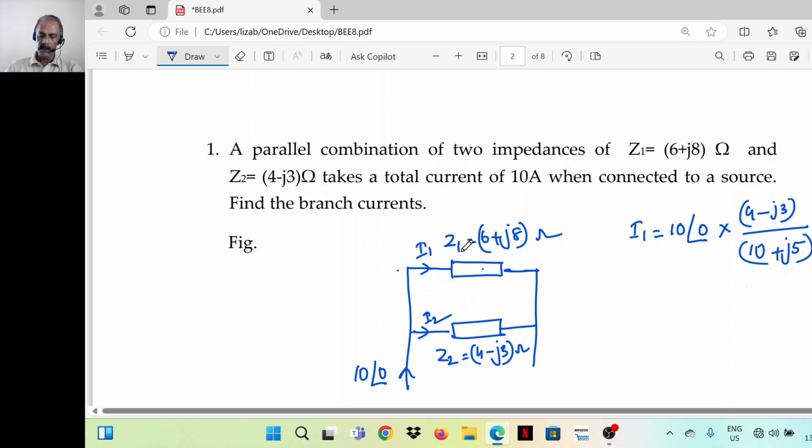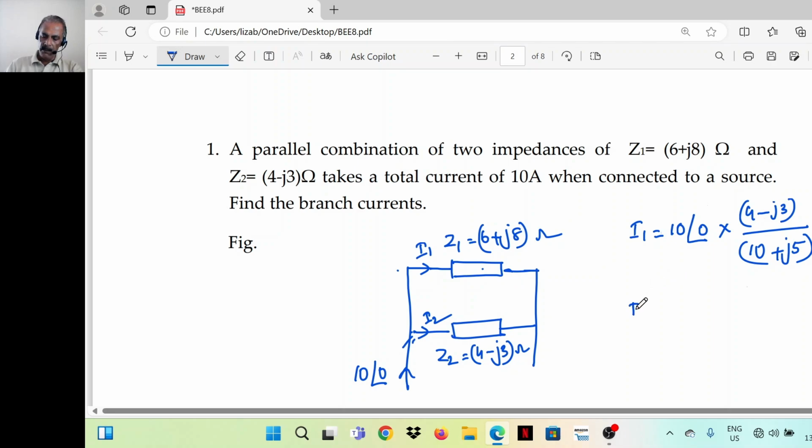So current through Z1 is equal to incoming current I, that is 10 angle 0, into the impedance on the opposite side, that is Z2, divided by the sum of the impedances, which is 10 plus J5.